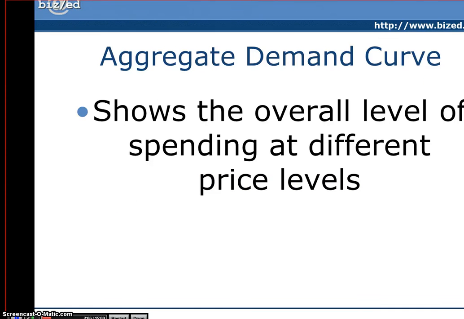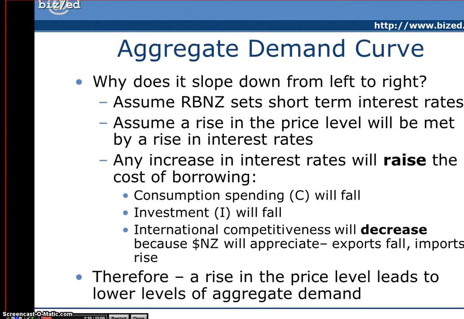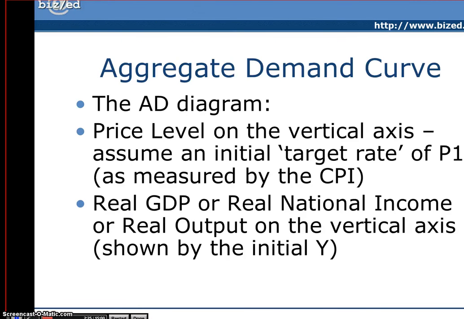So the aggregate demand curve shows the overall level of spending at different price levels. It's downward sloping as usual for a demand curve. We're not going to look too closely at why that is. You can have a look at this PowerPoint if you want to know, but it's not something that comes up in NCEA. So as you should hopefully know by now, price level is always on the vertical axis.